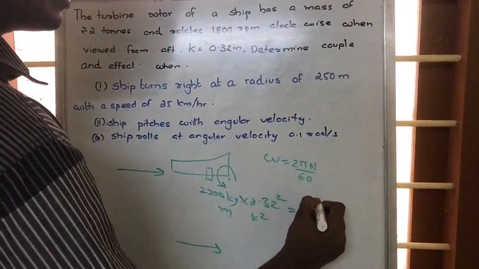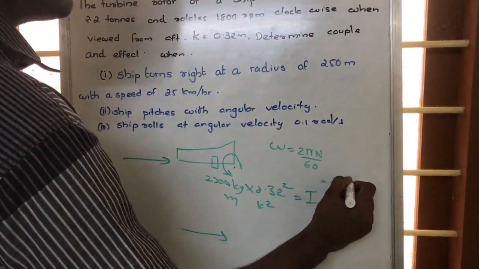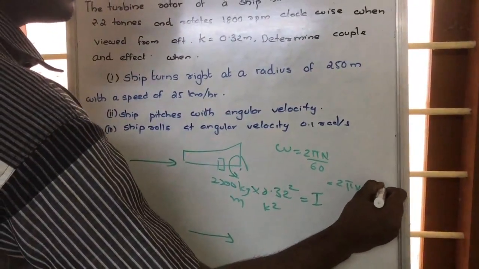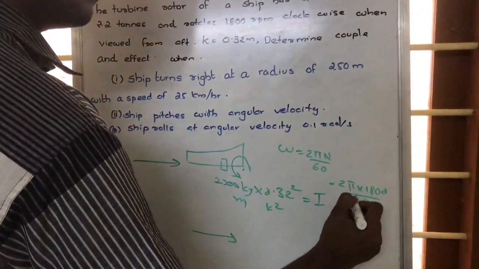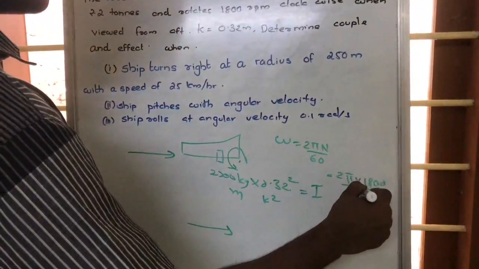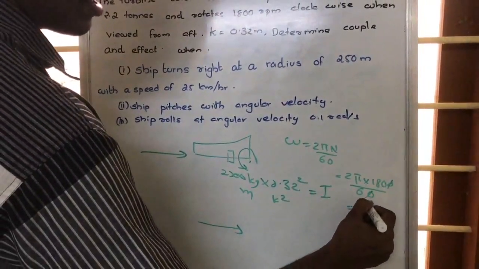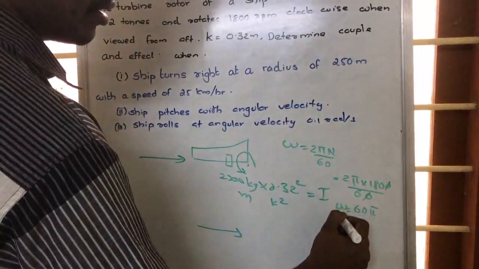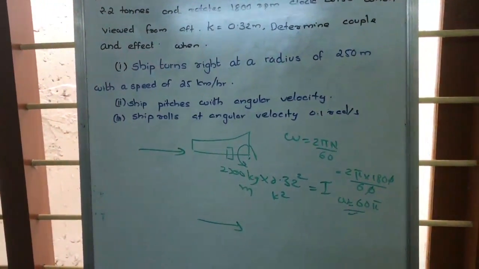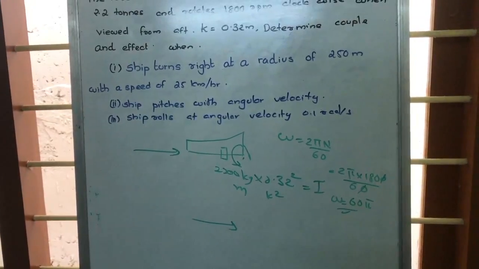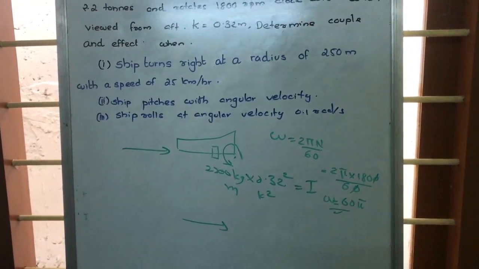So omega of the turbine is equal to 2 pi into 1800 divided by 60. So we will get 60 pi as omega. Now we are asked to find the couple and effect.